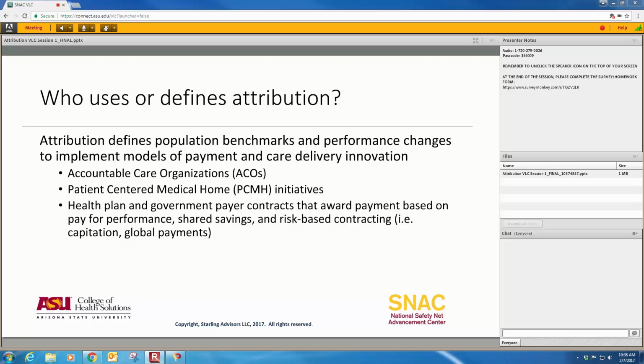And health plans and government payer contracts that award payment based on things like pay for performance, the achievement of shared savings, or other types of risk-based contracting rely on making a discrete assignment of patients. You can't calculate, for example, the savings against a target unless both the provider and the payer of care mutually agree which population of patients you're looking at.